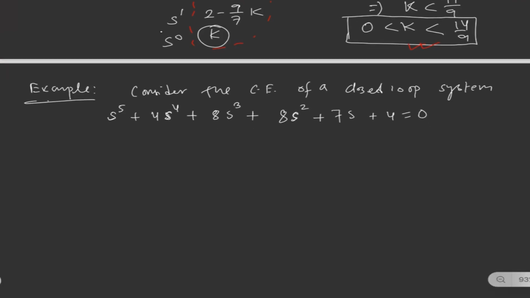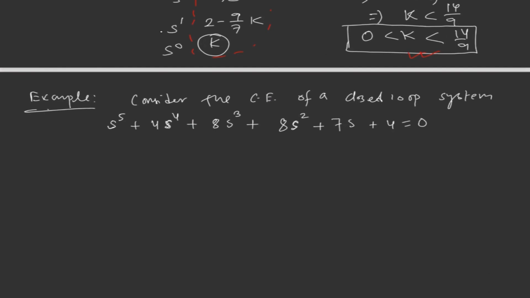So this is the characteristic equation we have from a closed loop system, and we will discuss stability on this system. But first we have to do the Routh array.